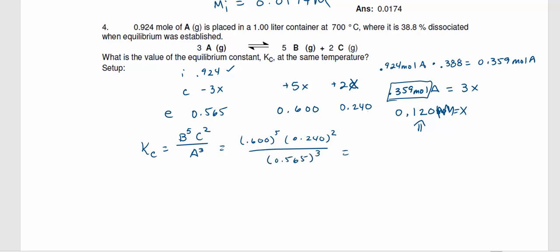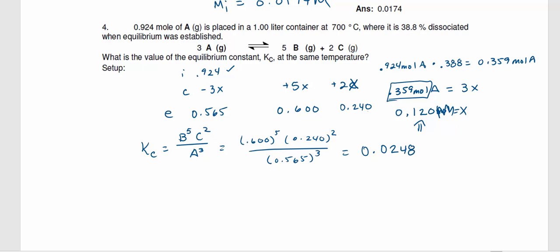So 0.6 raised to the 5th times 0.24 squared divided by 0.565 cubed, and I get a value of 0.0248.